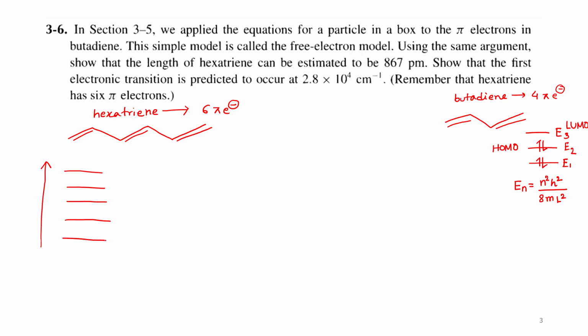Obviously, this is my ground state E1, then E2, E3, E4, E5. Now for hexatriene we have 6 pi electrons, right? So where do you think the electrons will be located?